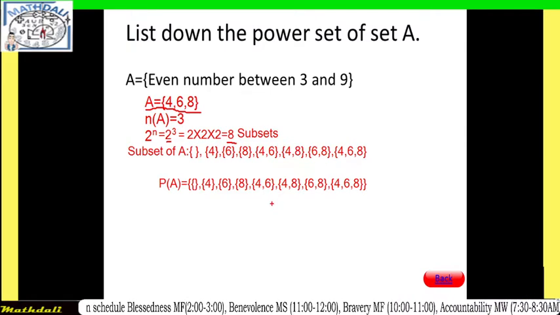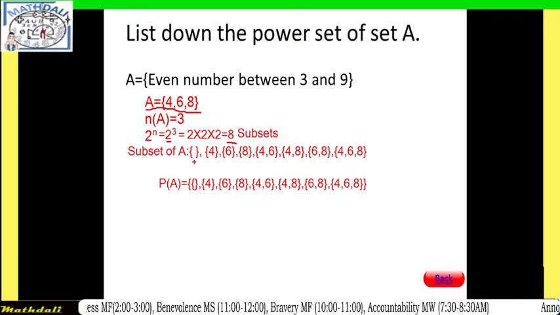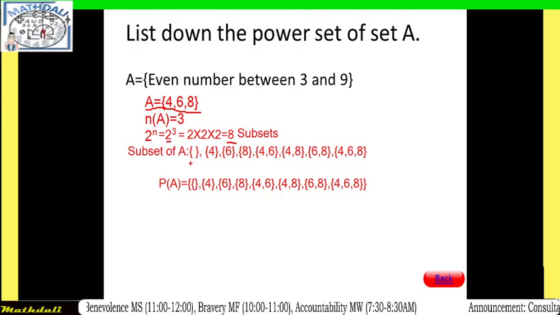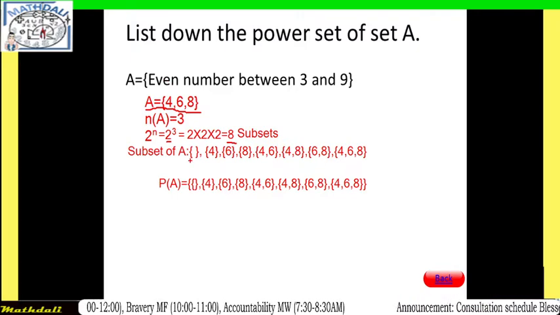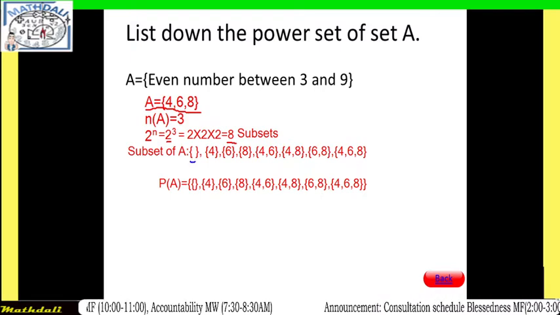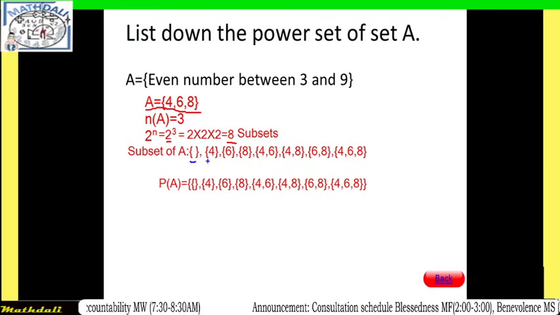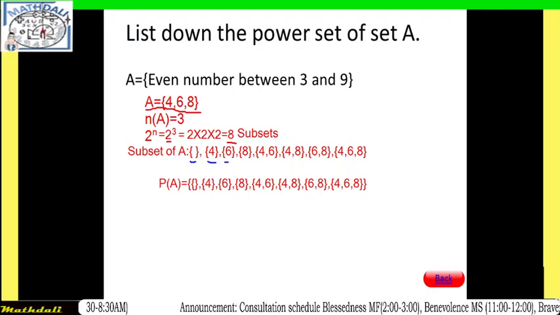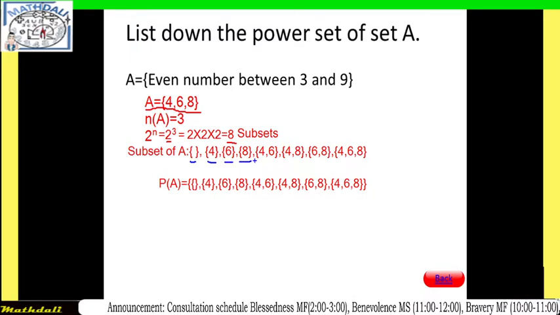This time, we're going to identify which of these are the proper subsets of set A. I'll underline them using blue. First, the null set is a proper subset. This set containing 4 is also a proper subset of A. Then we also have this one, and the set with 8.